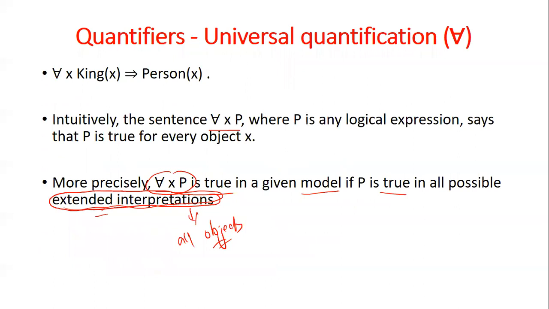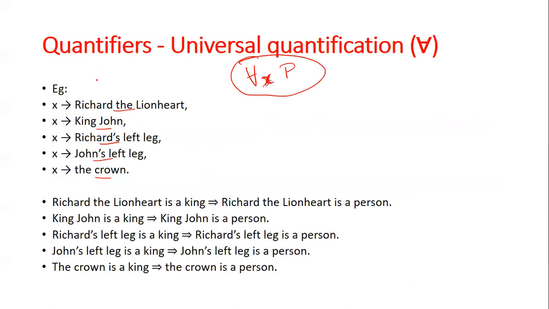Okay, so these are the possible values it can take, right? Now let us try this "for all X P" for this example. What is the example? For all X, king of X implies person of X.